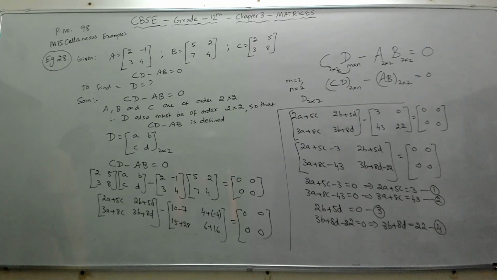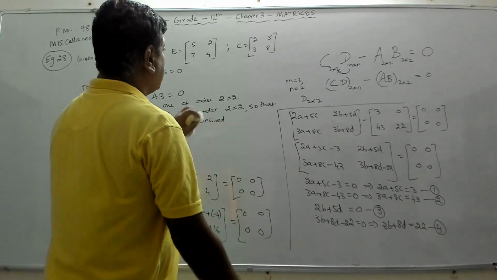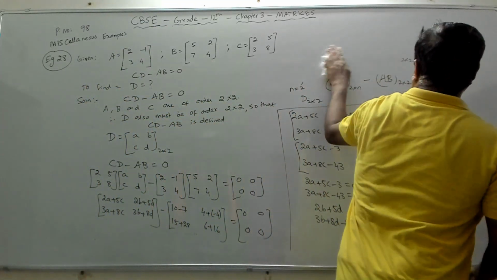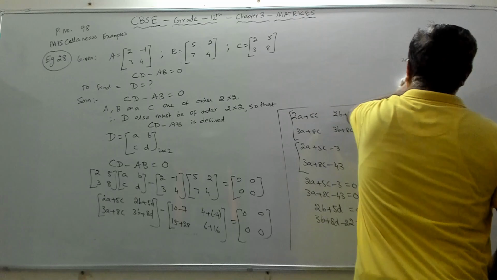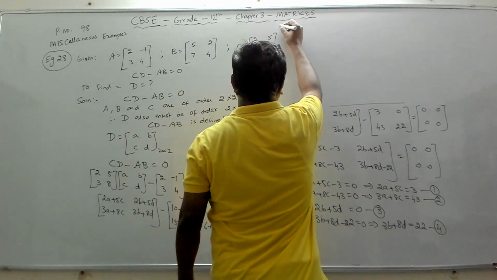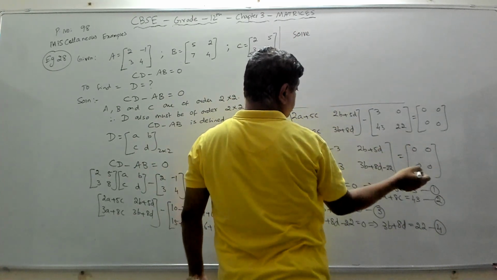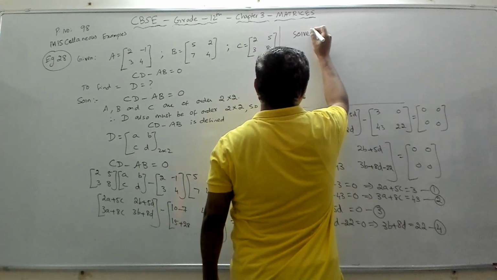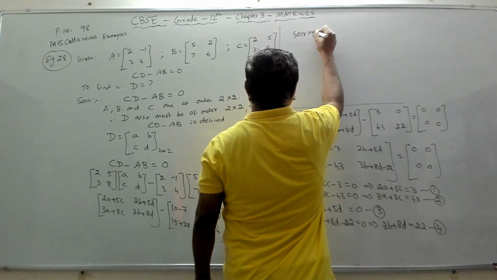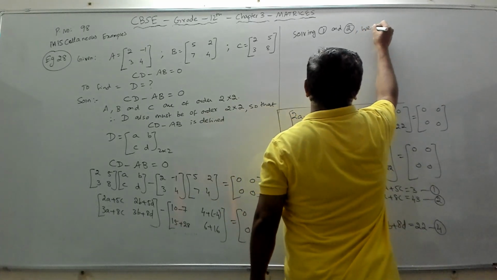Fine. So now if you try to solve these equations, I am erasing this part and writing the continuation here. I'm not going to solve this step by step. You can solve using any one of the methods which you would have studied in your 10th standard. So solving 1 and 2, I'm just writing what we get.